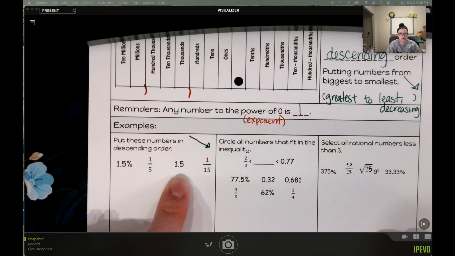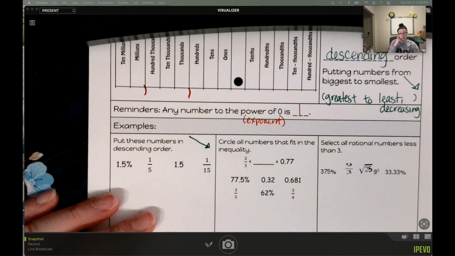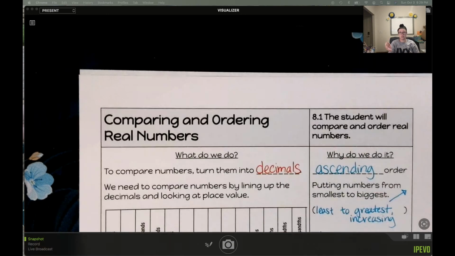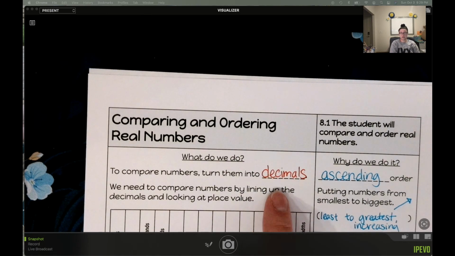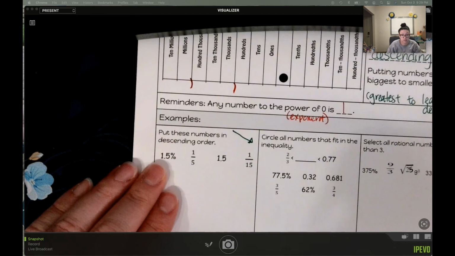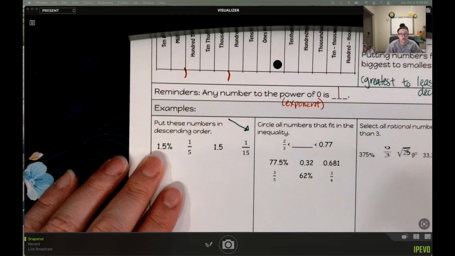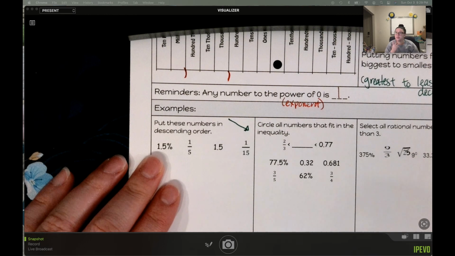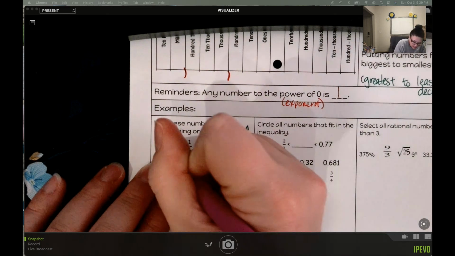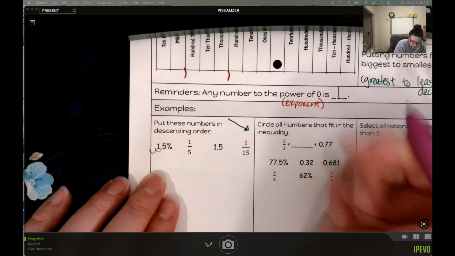So we see 4 different numbers, but remember, we want to put them all in what form? We're going to turn them all into decimals so that we can compare them easier. So our first number, 1.5%. What did we do to turn a percent into a decimal again? What does Beyonce say? Move it to the left, to the left.